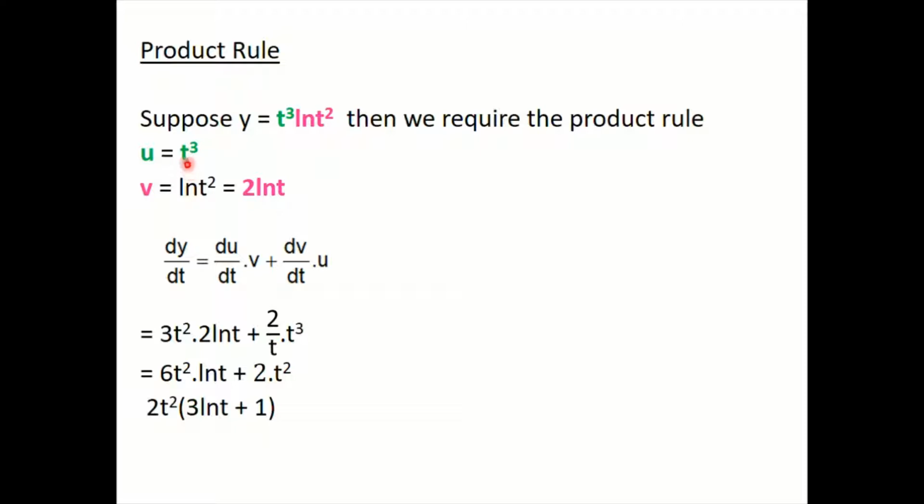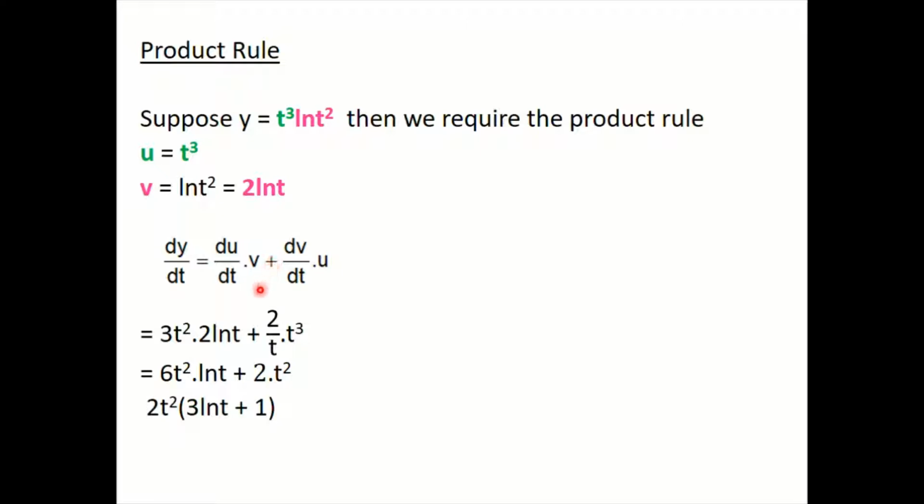So we will end up with 3t squared, just using the power rule of differentiation. Then we're going to leave the v function in its original form. So we'll leave it as is, and that's what is written down here.